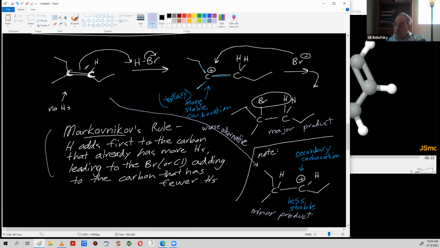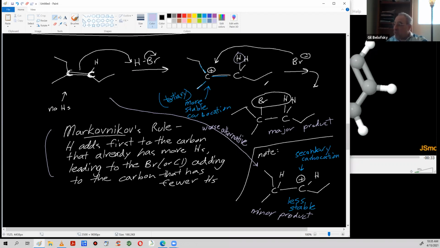When the hydrogen adds first to the carbon that already has more hydrogens, that's what's happening in the top scenario, this hydrogen added. But the real reason is because it leaves a tertiary carbocation.